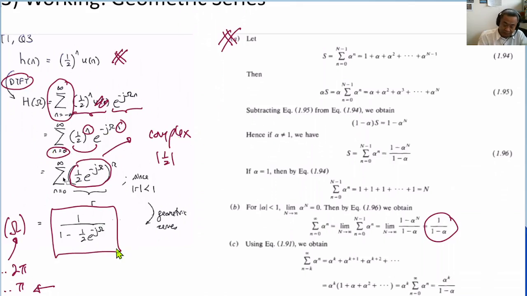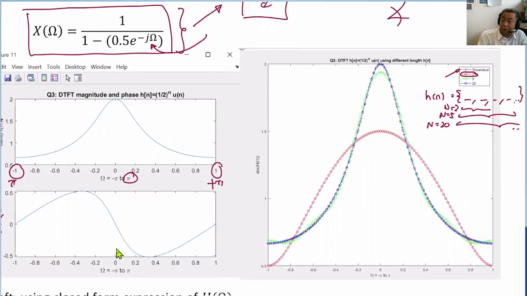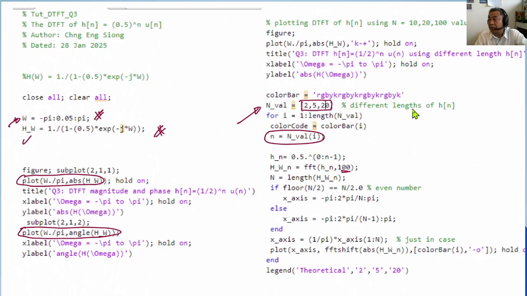It looks like this. We can also use a finite length of the infinite sequence and take an approximation of it. The longer we take, the better it approximates the real value. That's the take-home message. The code is here. You can take a look and try it by yourself. With that, thank you.